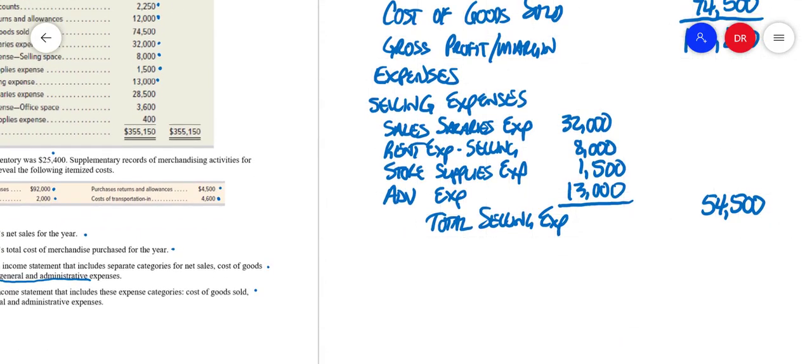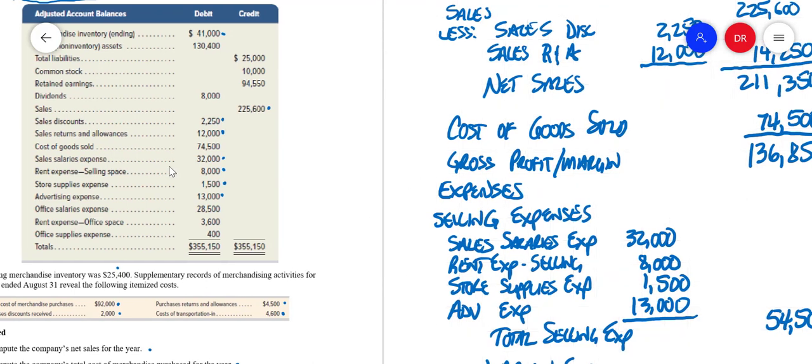Okay, so the next part that we have is general and administrative expenses. For these expenses, we're going to include the ones that they didn't include here.